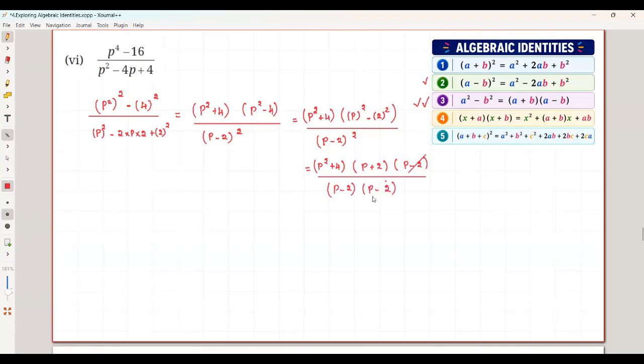So p minus 2, p minus 2 get cancelled. So the balance is (p square plus 4)(p plus 2), just divided by p minus 2. Now this is the final answer.